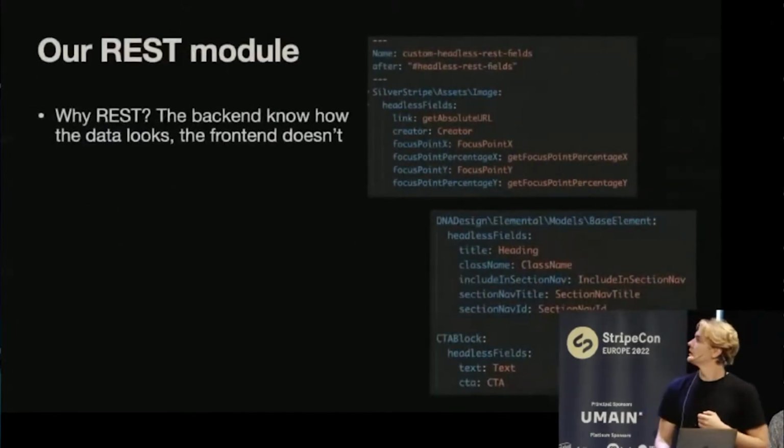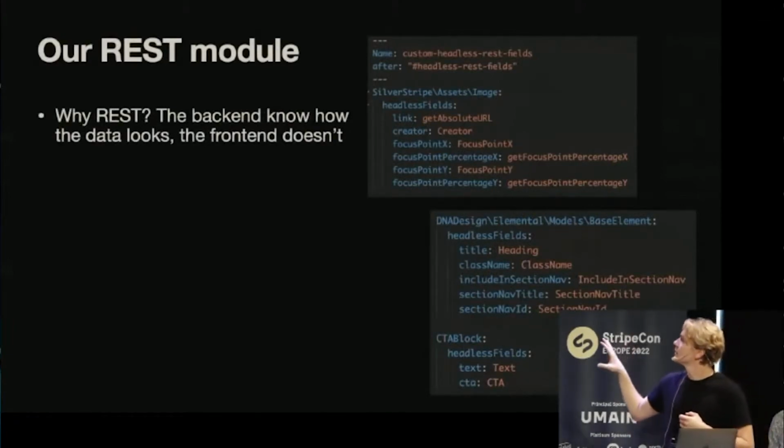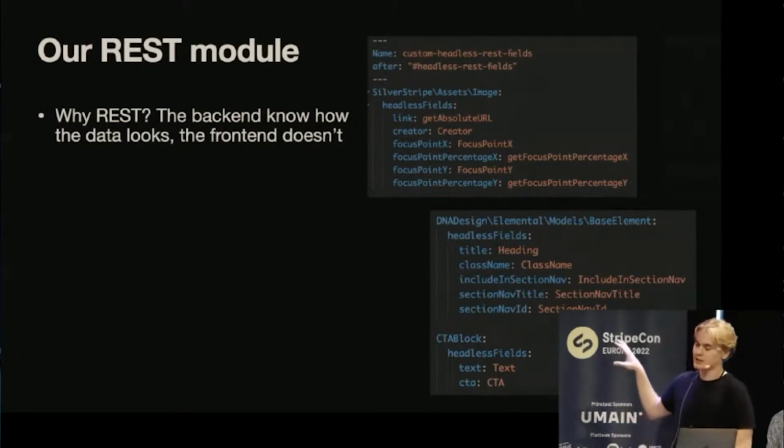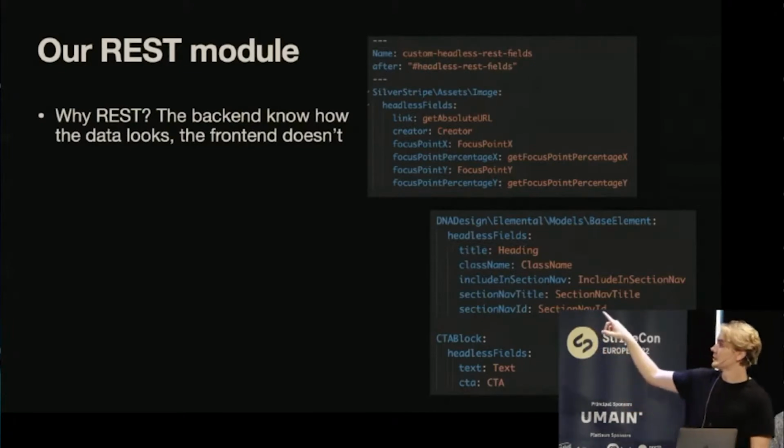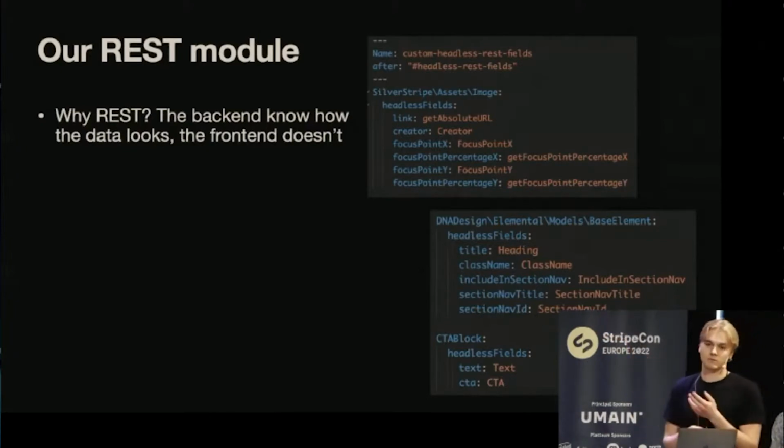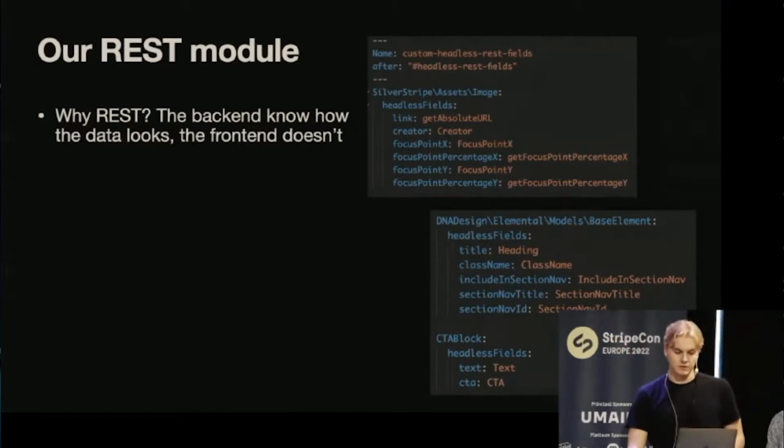This is some YAML config code that we use in order to define our APIs. It's very inspired by the way the GraphQL form module works. So you just define for each class which fields we want to expose in the API, and we can choose from the fields that are already in the data model, or we can just write a method name, and the module will call that method and use that data.